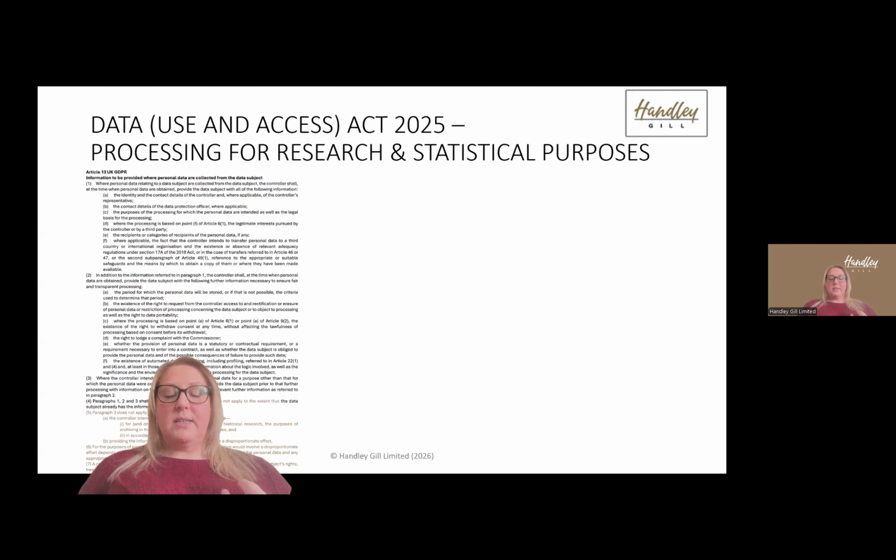So if you're processing personal data for the RAS purposes and you want to further process the personal data, so this is personal data collected for purpose A and you now wish to use it for purpose B for the RAS purposes, you will not necessarily be required to provide the transparency information around your processing to the data subject prior to conducting that further processing.